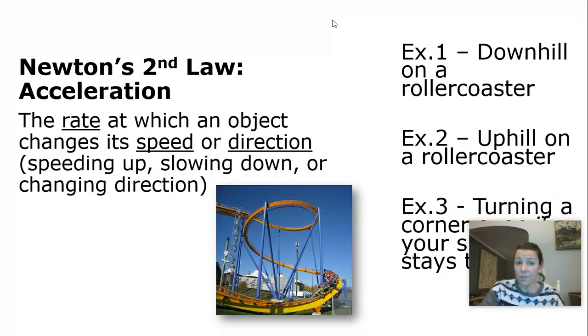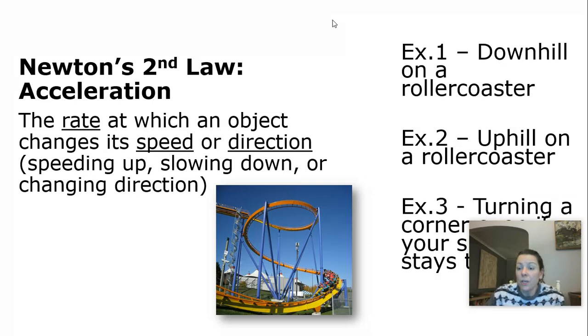Newton's second law is basically describing how we know what a force is. So it's an equation, but it talks about the mass times the acceleration of something. And acceleration is just the rate at which an object changes its speed or direction.